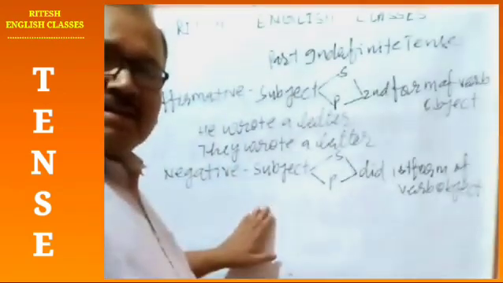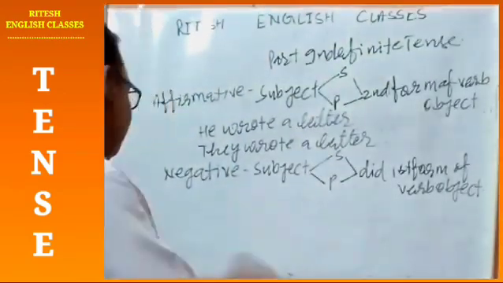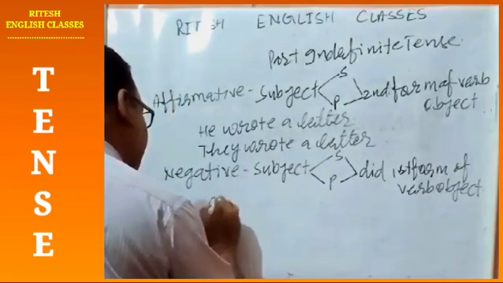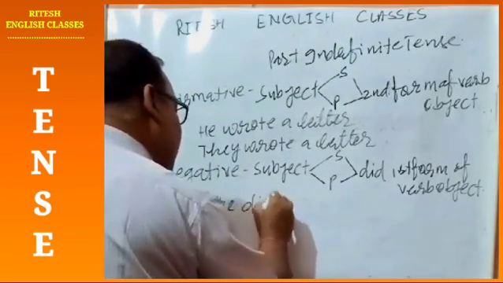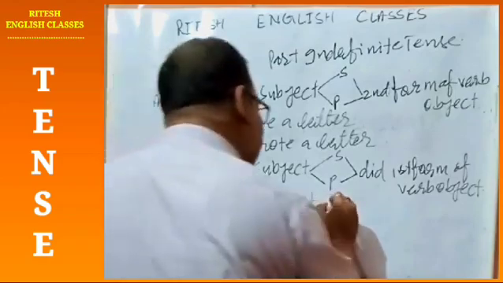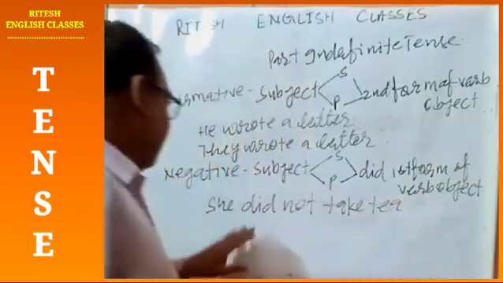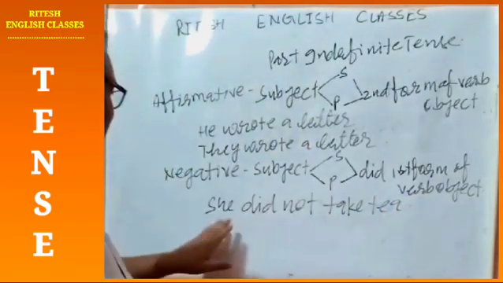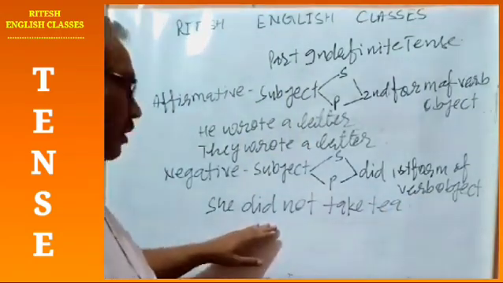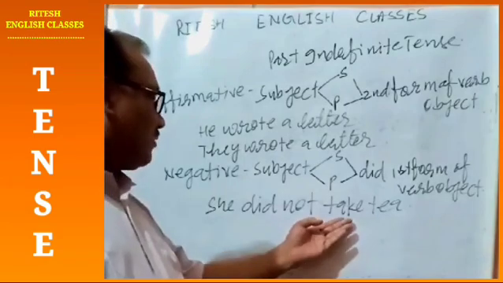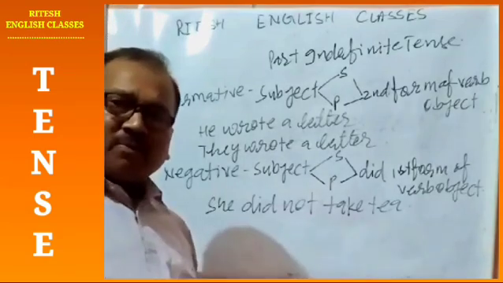Now I will write an example of a negative sentence. Okay, she did not take tea. She did not take tea. She is singular, did is the helping verb, and not, and after that the first form of the verb, and after that object.